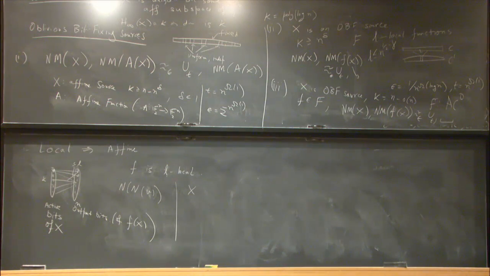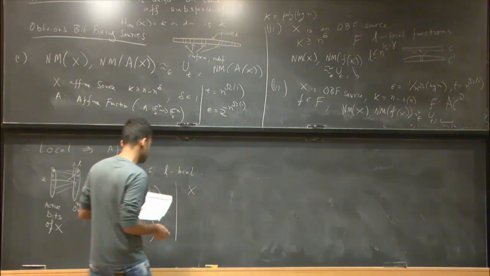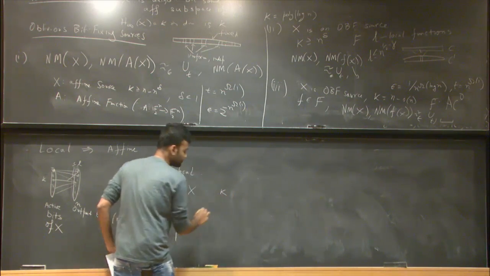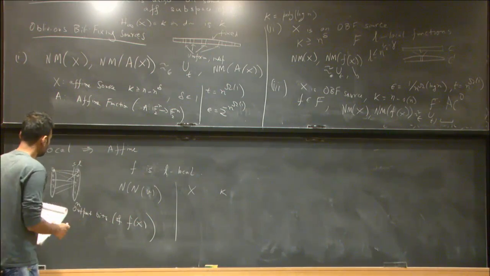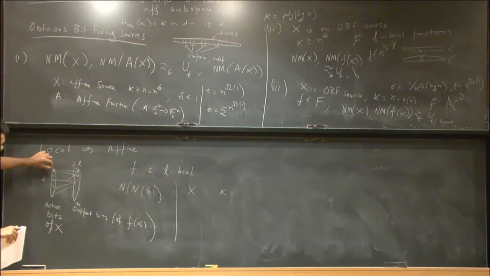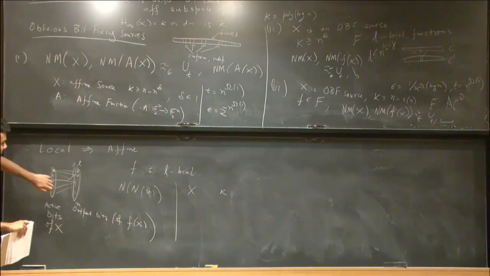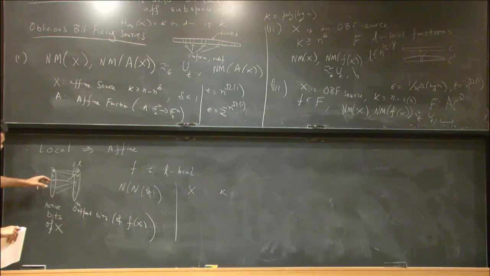If you start out with an entropy K source and do this process, the process is: pick a vertex, go on the right, come back to all its neighbors, fix those things except this one, and keep doing it for the other things.